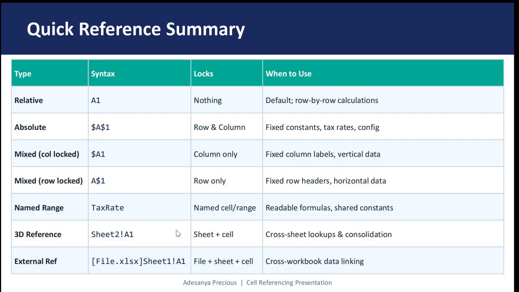Do you get what I'm saying now? 3D referencing is you referencing from another sheet. If you're referencing from another sheet, it's called 3D referencing. If you're referencing from another Excel file, it is called external referencing.